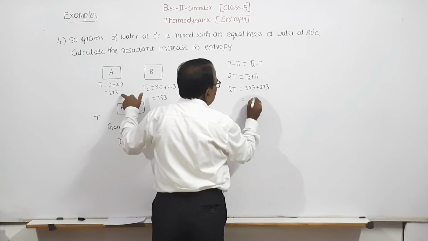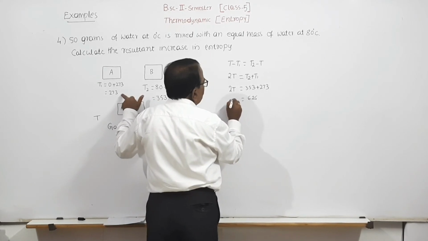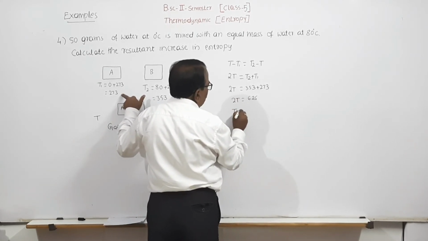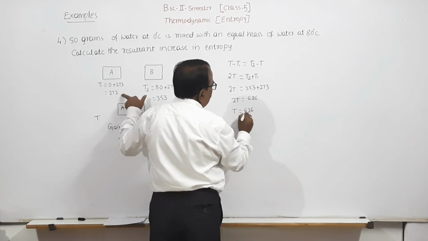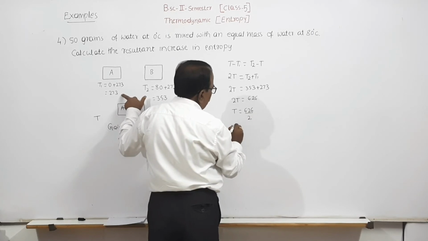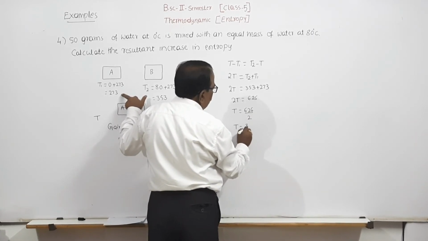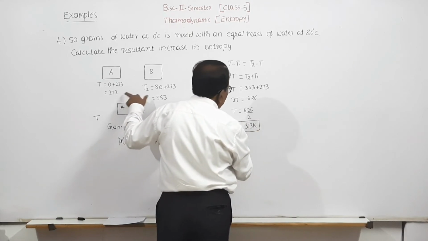This is 626, so 2T is 626. Therefore, this common temperature T is 626 divided by 2. T is equal to 313 Kelvin. This is the common temperature.